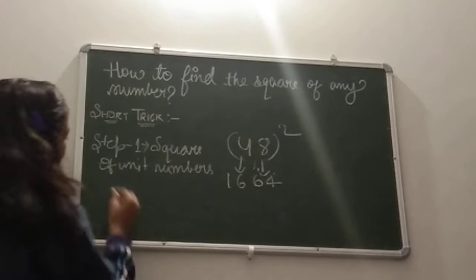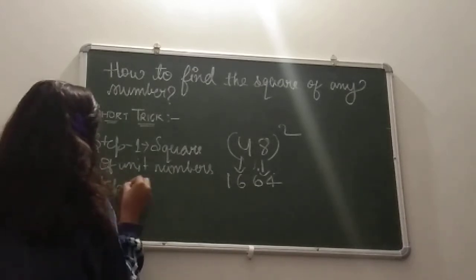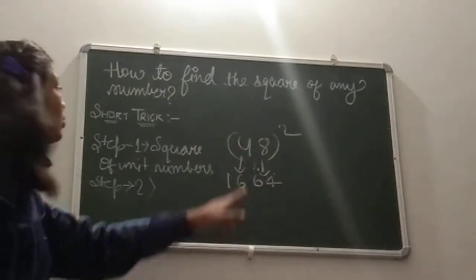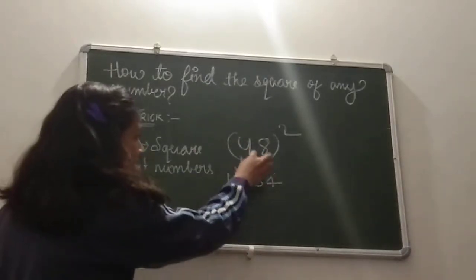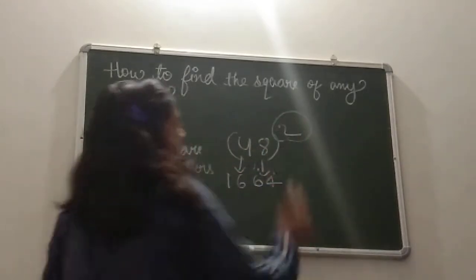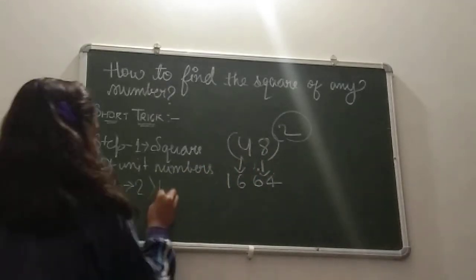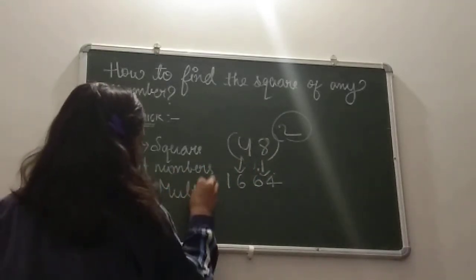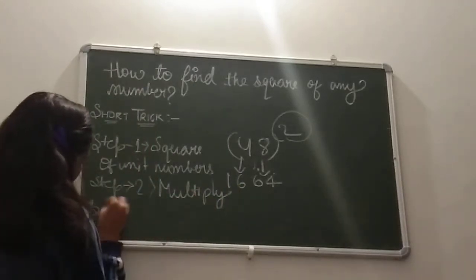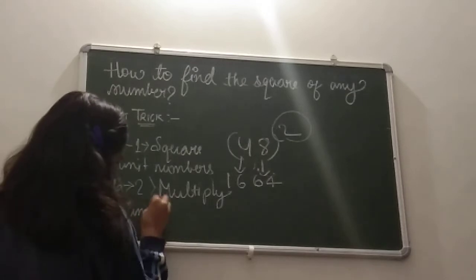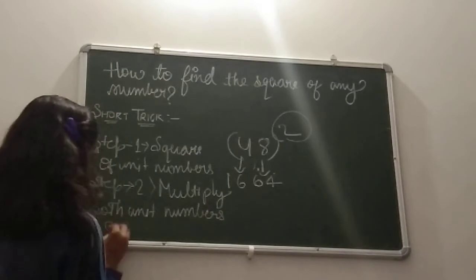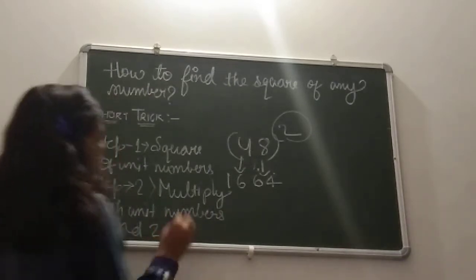Then step 2 is that you have to do the multiplication of the 4 and 8, the unit numbers, and the 2 given here.